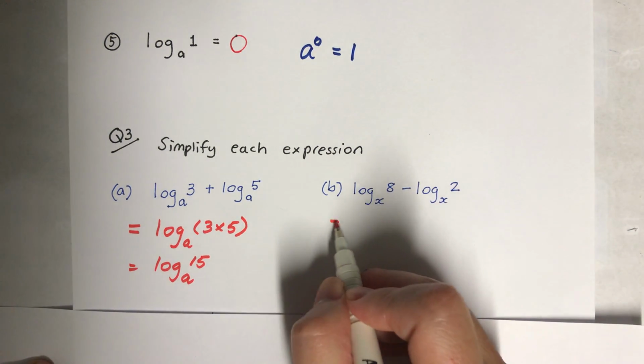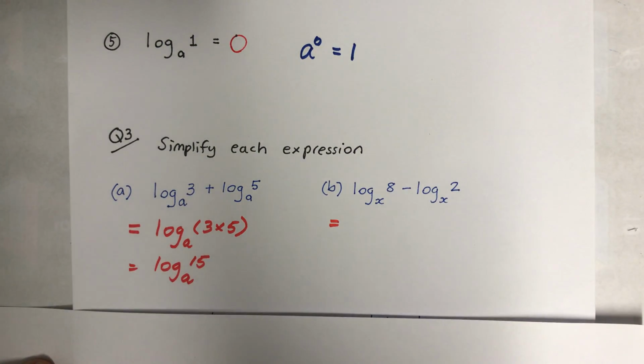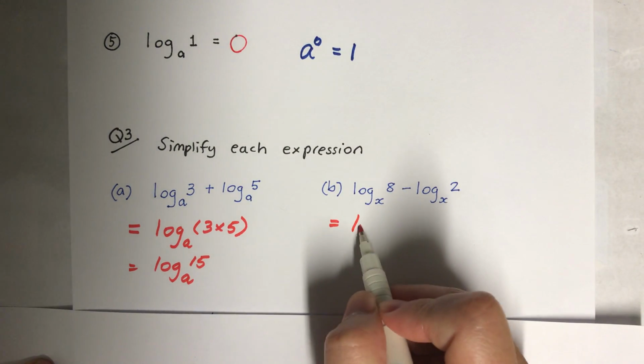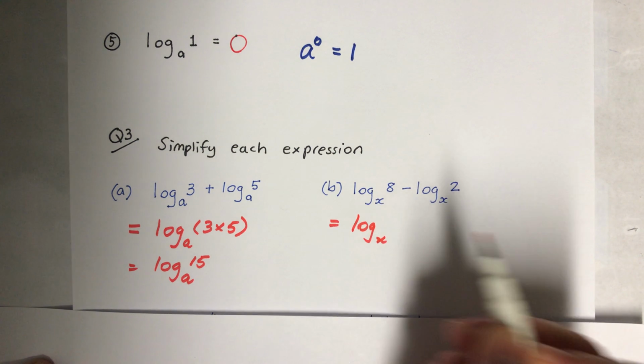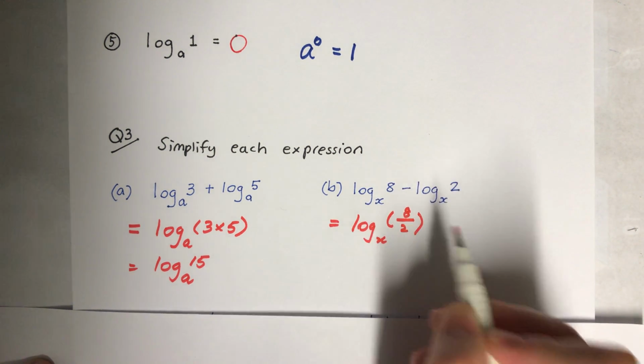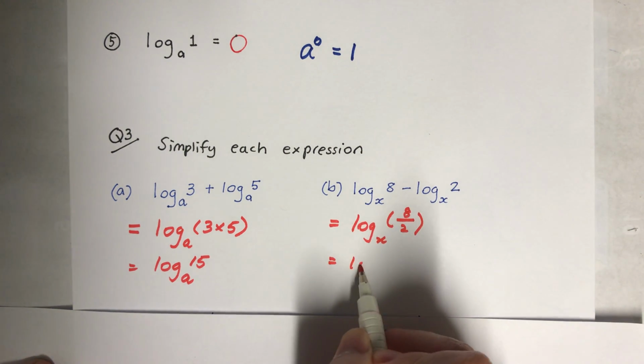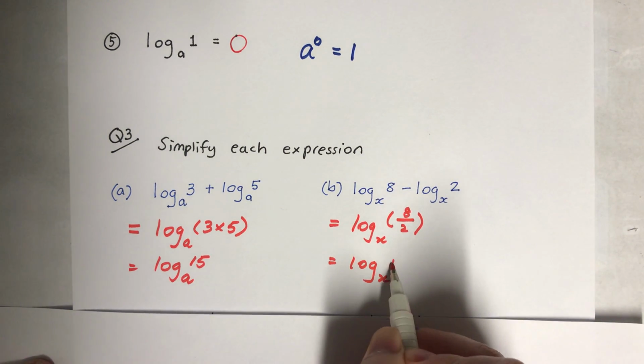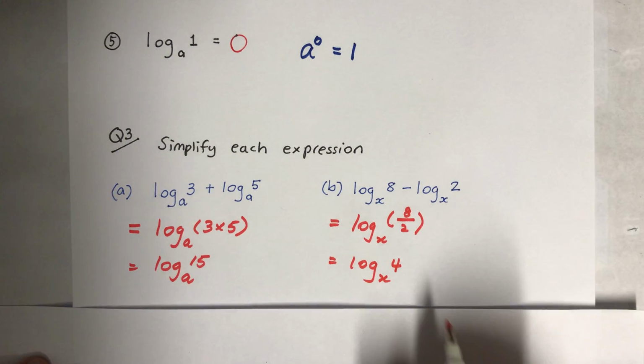Now this one is minus, so that means divided by. So log to the base x, and 8 divided by 2, which is 4. Now, we can go a little bit further.